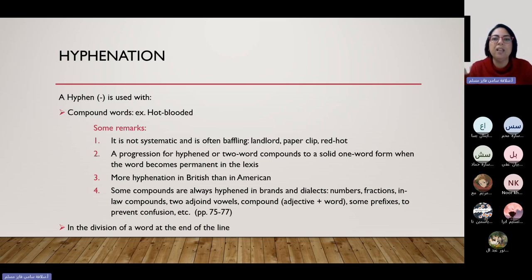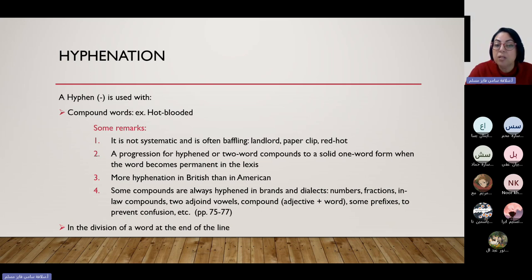This is well known because British English, they like to complicate their lives, while American English, they like to simplify their lives, okay? So we will always find hyphenation more in British English.